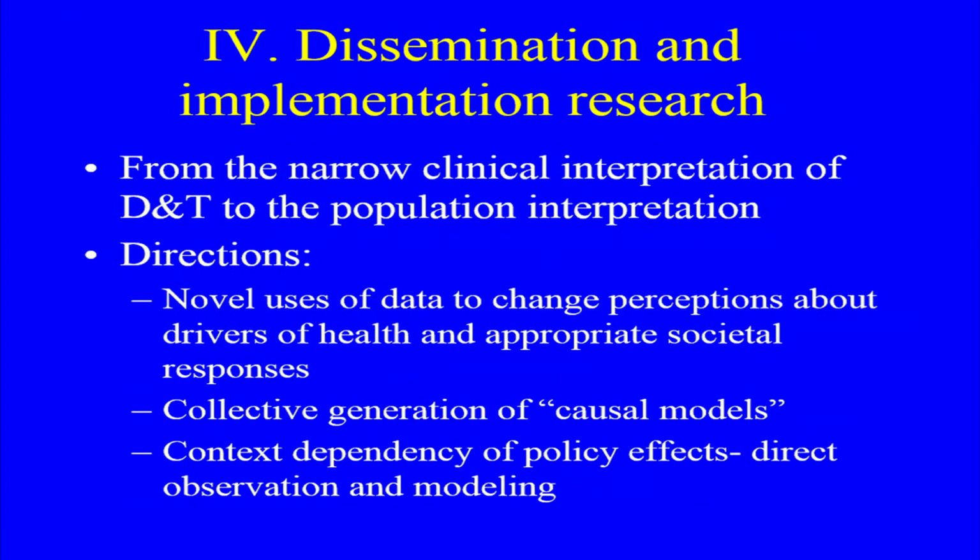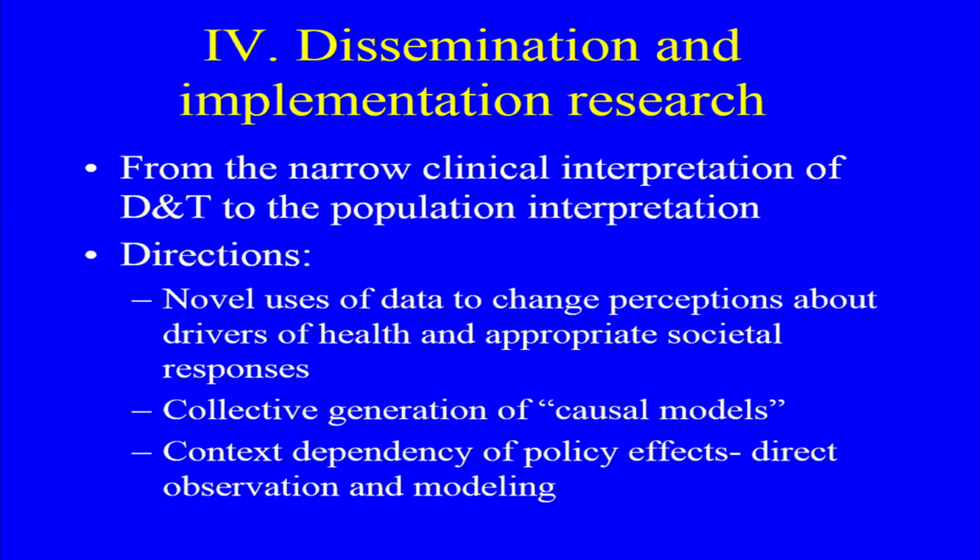And then, obviously, thinking about the context dependency of policy effects: even the same policy can be implemented slightly differently in different places and yield different results, and what can we learn from that? For an example from urban planning, there's a complete streets policy that has been adopted by many different communities in the US, and yet it's being implemented very differently in different places.